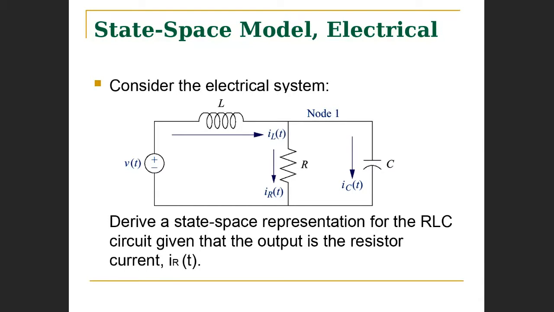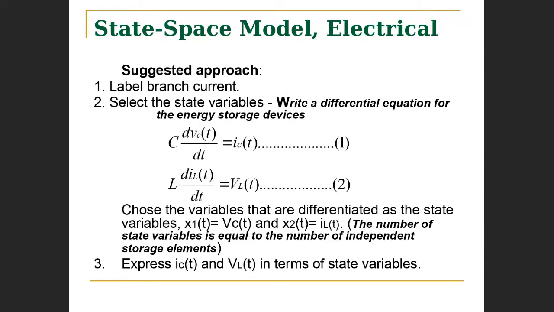So you should recognize that we have 2 independent energy storage devices, the inductor and the capacitor. So we're going to proceed to write a differential equation that describes the relationship between the current and the voltage for these 2 devices. Equation 1 addresses the capacitor.